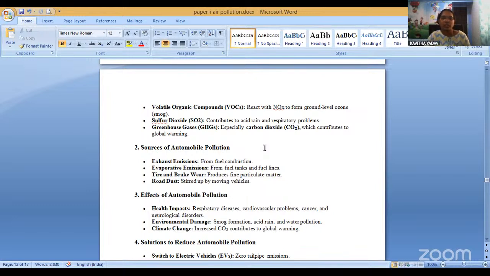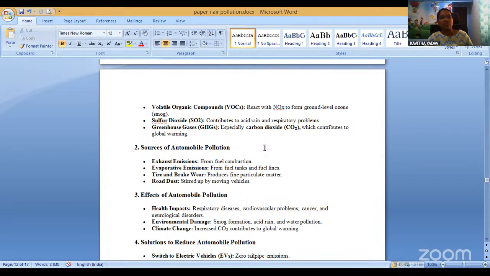Then coming to the next one, sources of automobile pollution. First, exhaust emissions, which is nothing but fuel combustion. Evaporative emissions come from fuel tanks and fuel lines; they will take place if the pipelines and tanks have any damages or leakages.